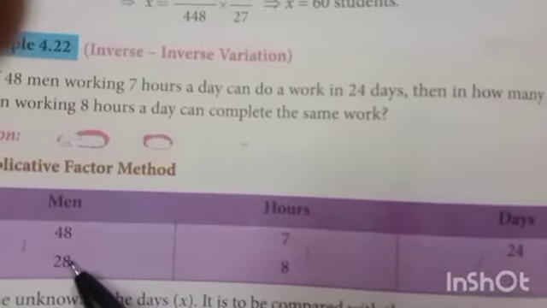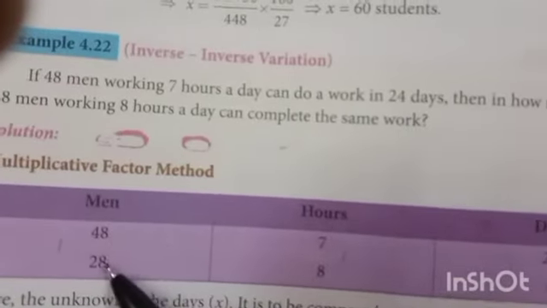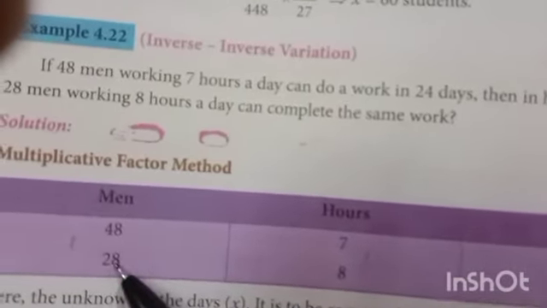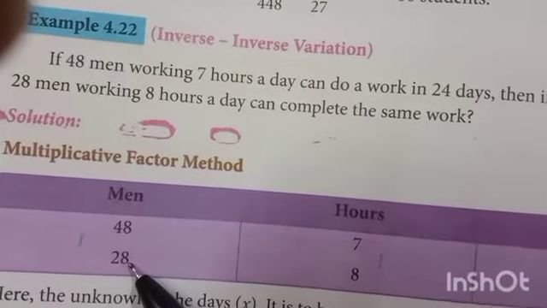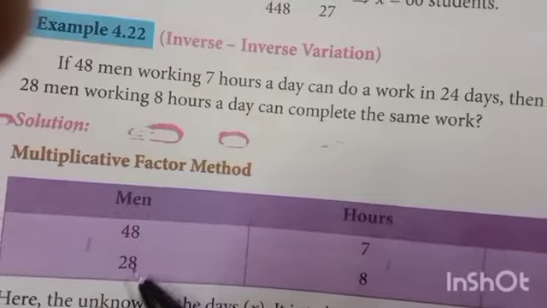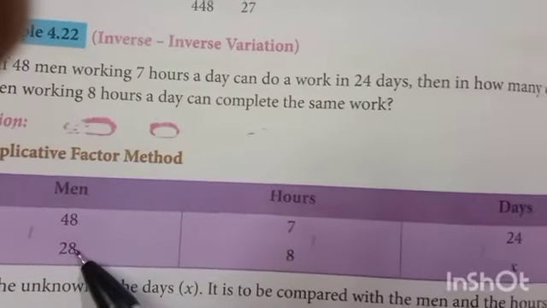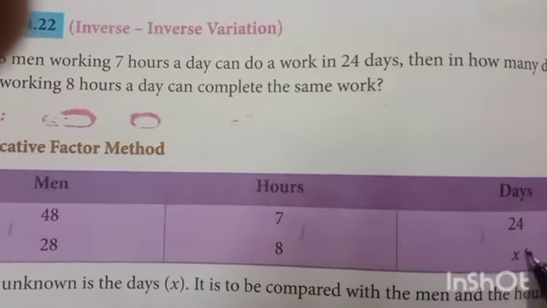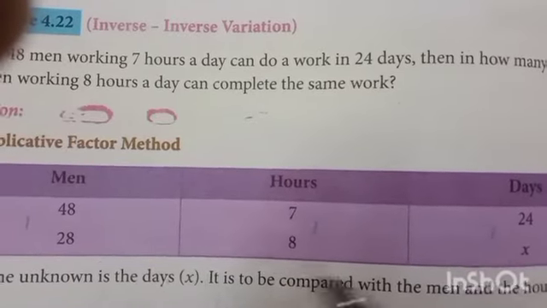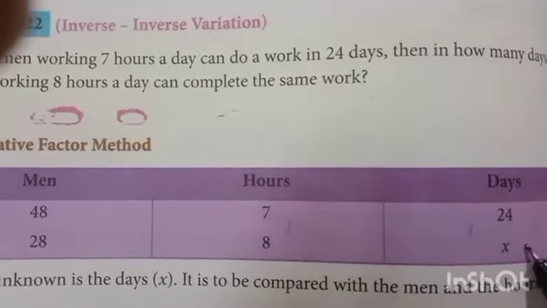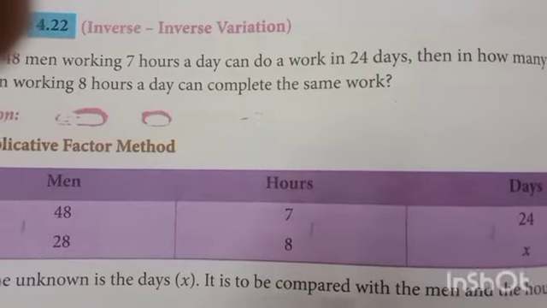Number of men decreases. How do we say it decreases? 48 to 28, so it is less, it decreases. So the number of men decreases, the number of days increases. We used fewer people, so the number of days is more.